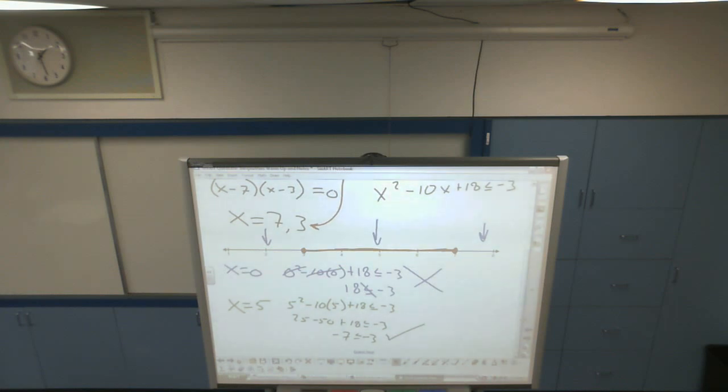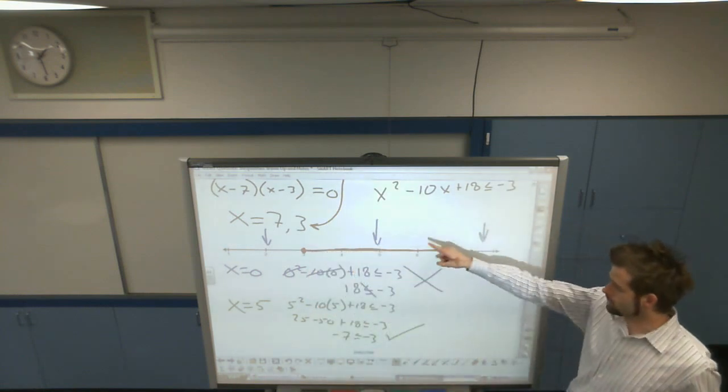Does it work? No. It doesn't. So you checked all 3 regions, and the only one that works is in between there.